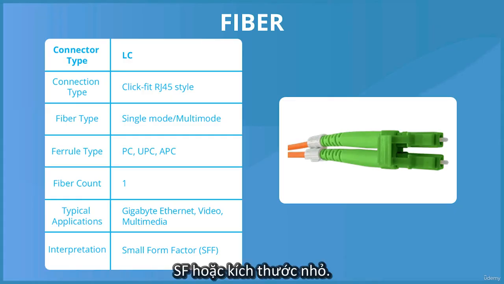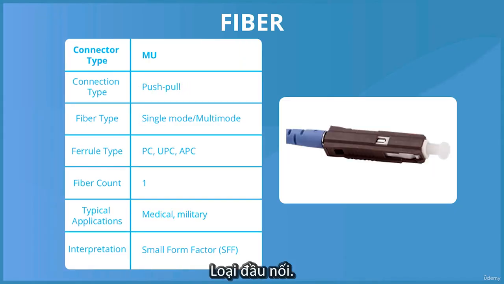Interoperability SFF, or small form factor. Connector type MU. Connection type push-pull. Fiber type single mode, multimode. Ferrule type PC, UPC, APC. Fiber count 1. Typical applications medical, military. Interoperability SFF, small form factor.